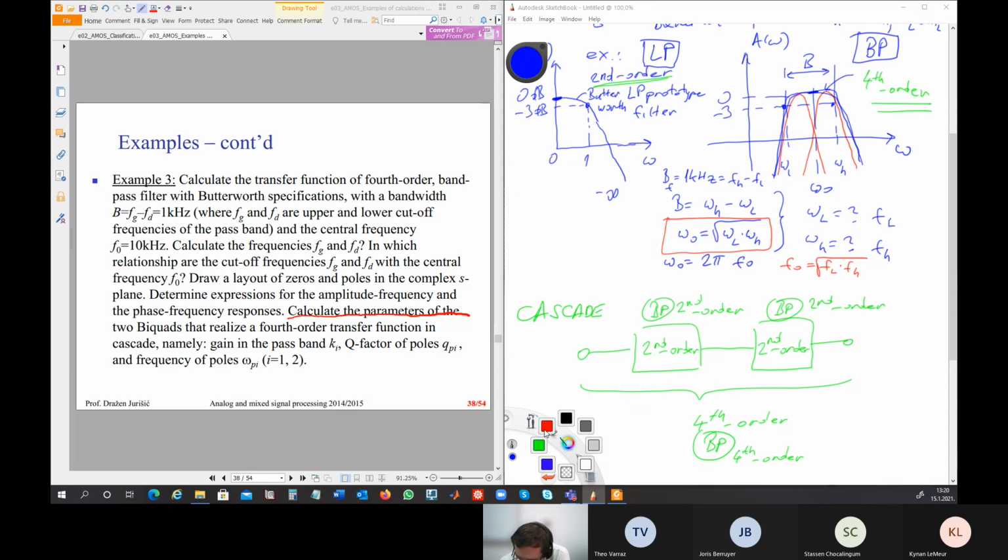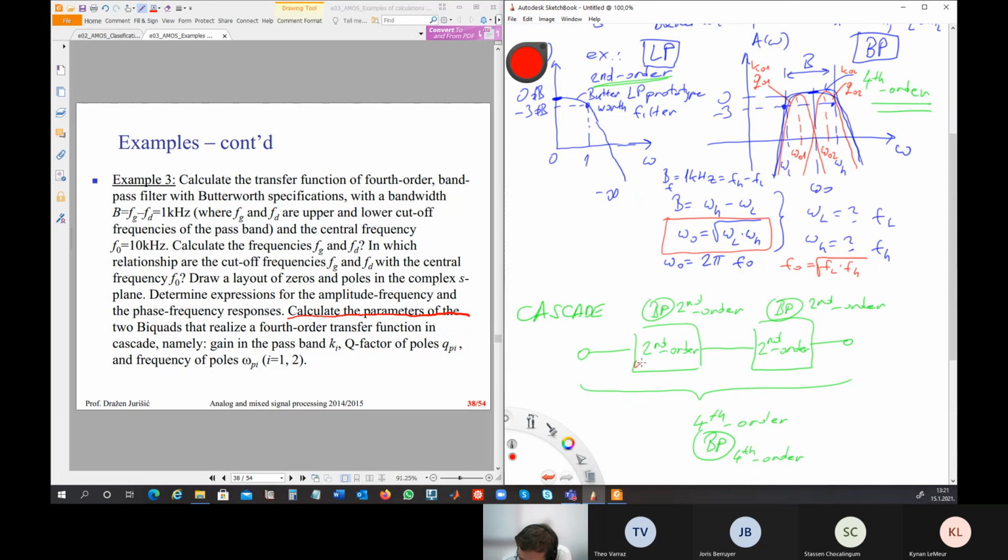What do those two red have? They have omega 01, omega 02, which are different from omega L and omega H, and also they must have some Q01 and Q02, and of course K01 and K02.